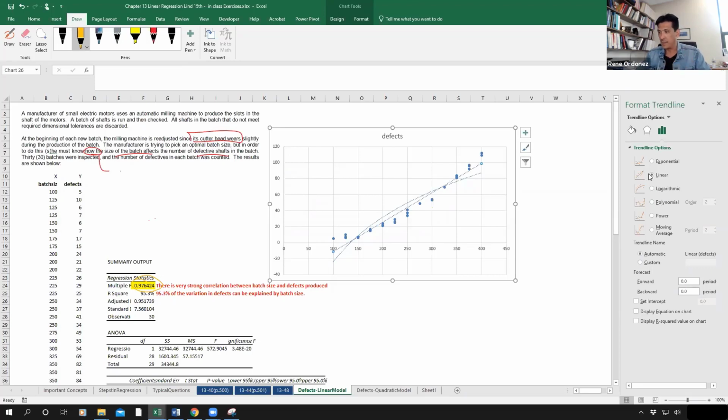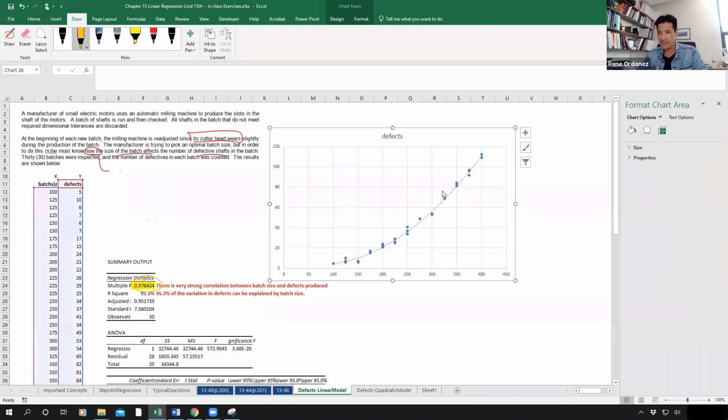So it always puts the linear. So logarithmic? Nope, not either, right? How about the polynomial? Second order. So let's delete that. Does it look more like a fit? That looks nice. All right.